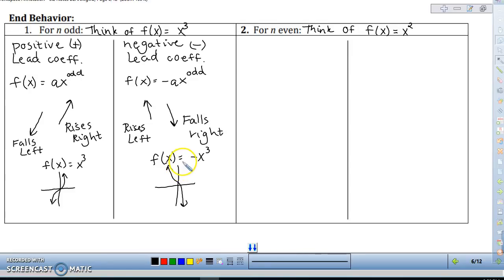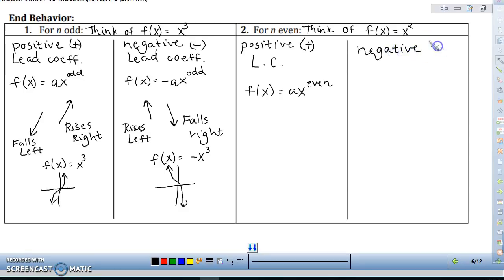So let's apply this same idea for our even degree polynomials. If my lead coefficient is positive, and I'll abbreviate lead coefficient with LC, that would look like f of x equals a times x raised to some even power. In the case that my lead coefficient is negative, that is going to be f of x equals negative a times x raised to an even power.